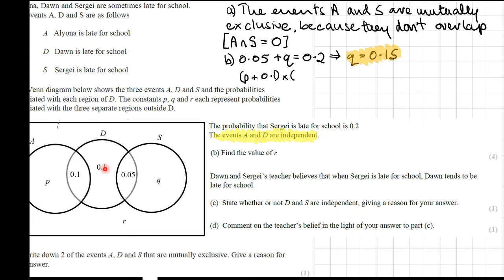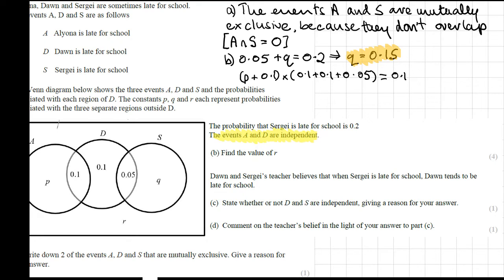I'd actually write 0.1 plus 0.1 plus 0.05, so 0.25. And those two multiply together, so the probability of A times by the probability of D is equal to their intersect, that overlap, which is 0.1.